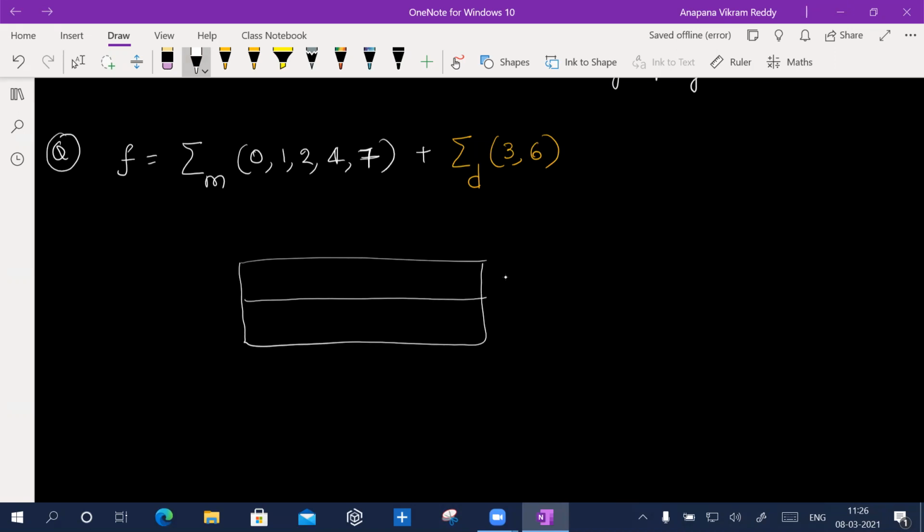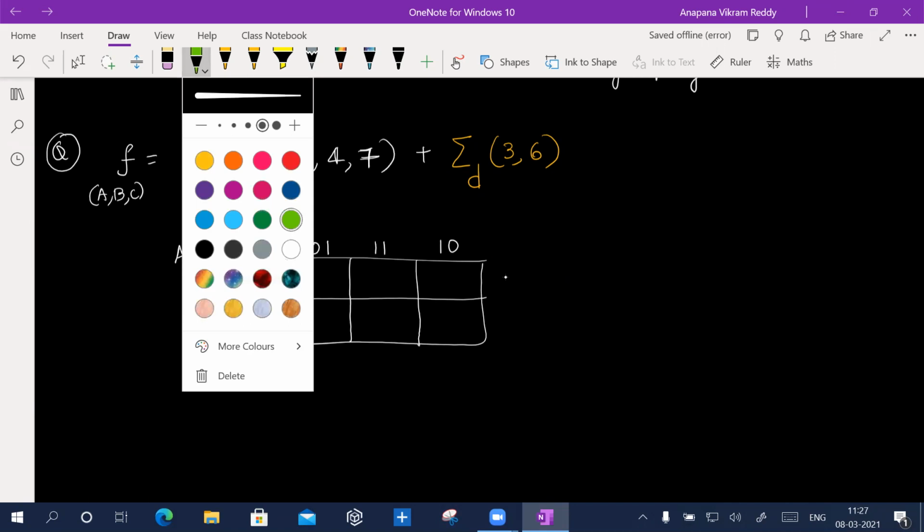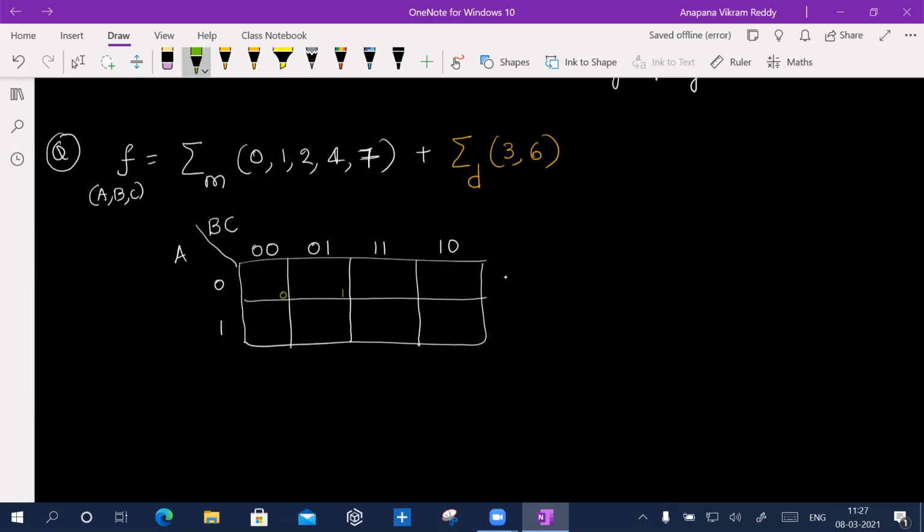So let me write F of A, B, C. I'll take A as the MSB, B, and C as the LSB. So 00, 01, 11, 10 for B C, and 0, 1 for A. Now I know very well how to locate them, so I'll put the minterms 0, 1, 3, 2, 4, 5, 7, 6.